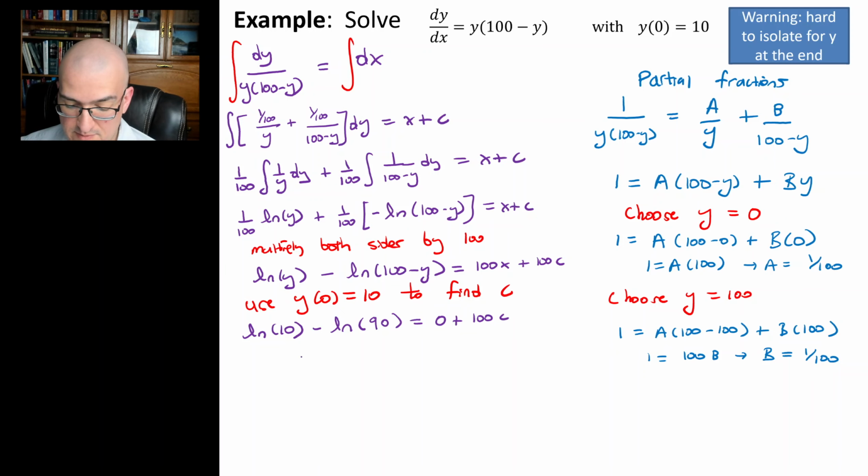Log of m minus log of n is log of m divided by n, so 10 over 90 inside the log is equal to 100c. And that means c is equal to 1 over 100 times the ln of 1 over 9.